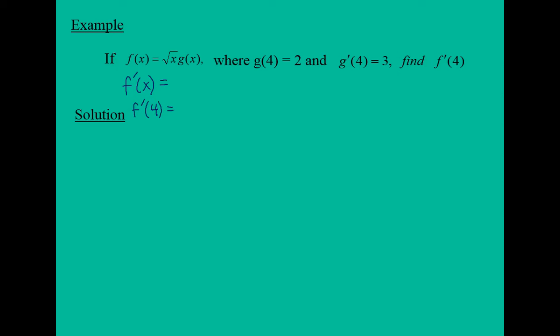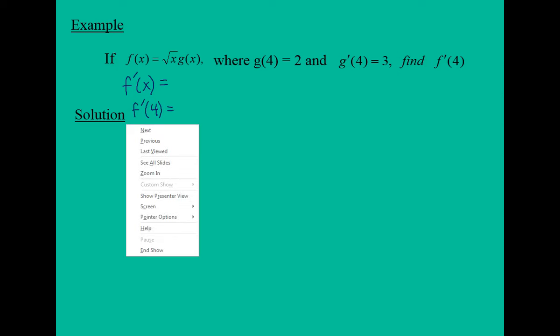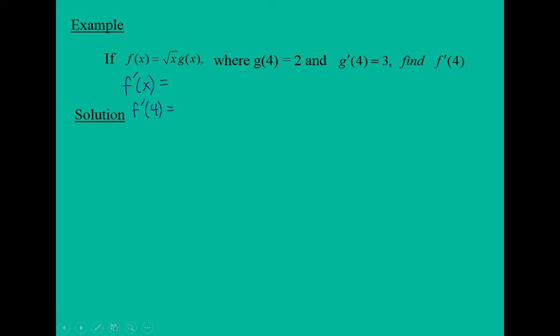So let's see if we can find f prime of x. So we would have to use the product rule. So we have the first times the derivative of the second plus the second times the derivative of the first.